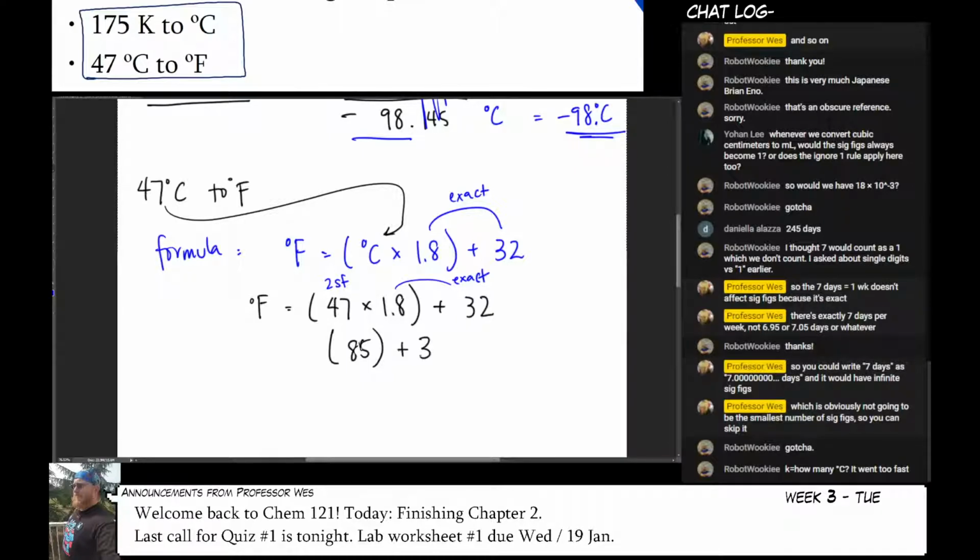And then I'm going to add 32 to that. Now, if I set that up vertically, 85 and 32. 32 is exact, remember? So it's technically just me adding this forever. So it's not going to affect my sig figs, but the 85 is. We're going to round to the ones place.